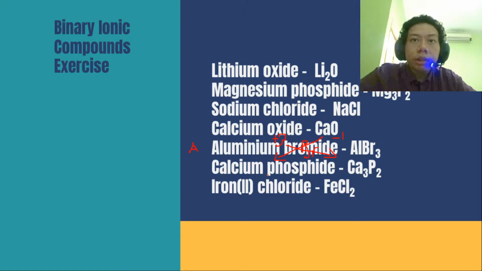Okay, next, calcium phosphide. Calcium is Ca, phosphide from the word phosphorus is P. Then calcium has +2 net charge and phosphide has -3 net charge.